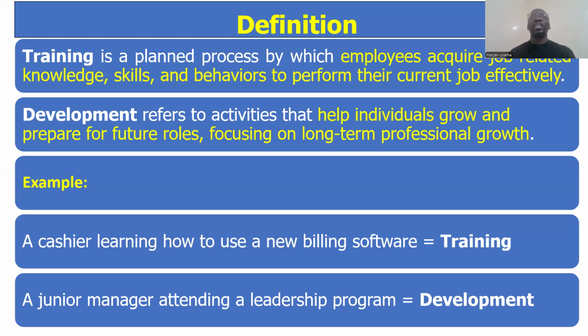And these programs are very important because they sharpen the skills of the employees, and also they prepare the employees for the changes that normally happen in both the internal and external environment.